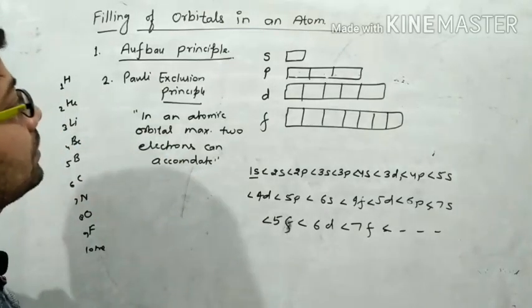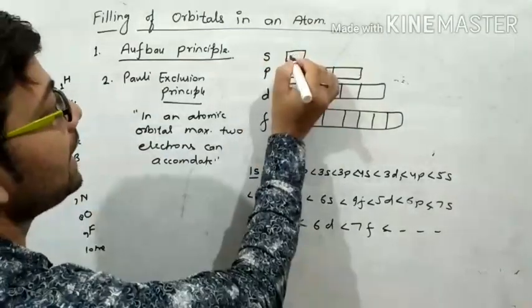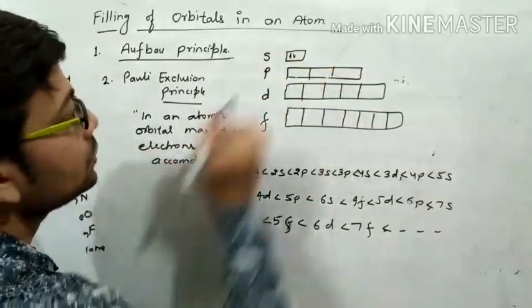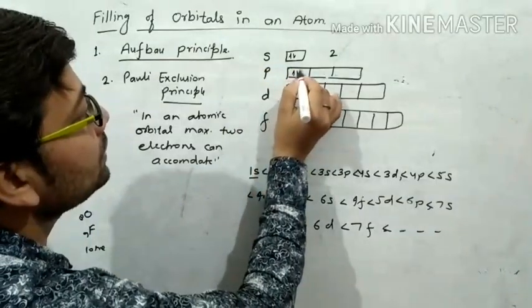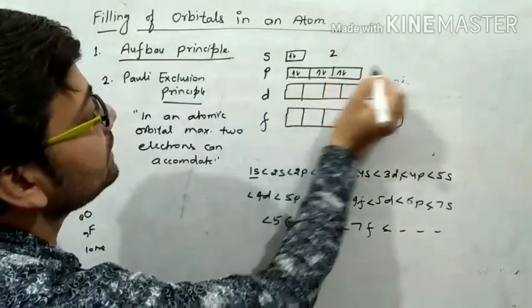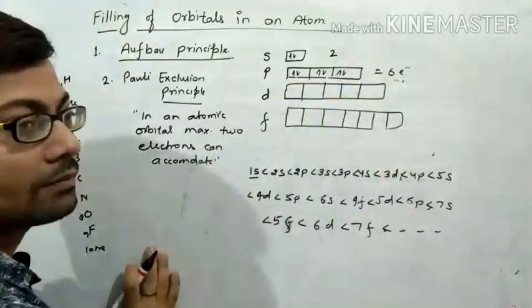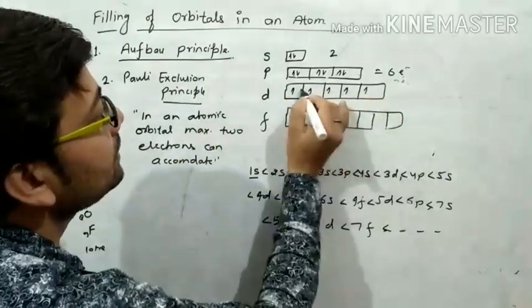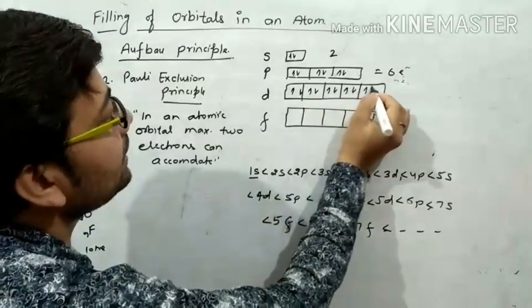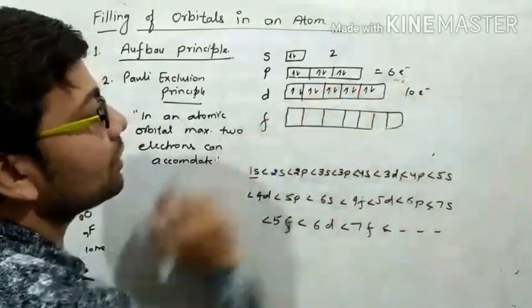So according to the Pauli exclusion principle, s has a maximum of 2 electrons. p has 1, 2, 3, 4, 5, 6, that is 6 electrons. In case of d, a maximum of 10 electrons.